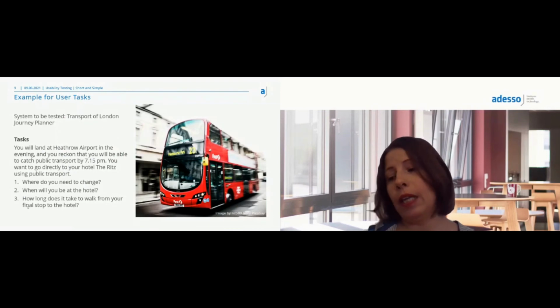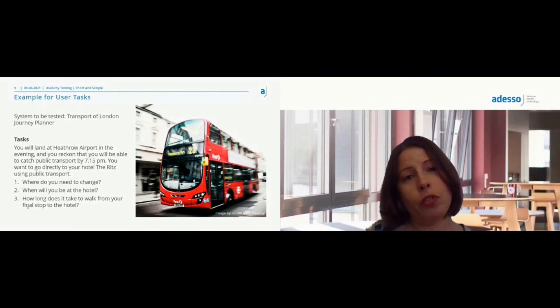Then I've brought you an example for a user task that I made up for this talk. Imagine the system to be tested is the Transport for London Journey Planner, and your goal is to find out if foreigners can plan their journeys with the journey planner.